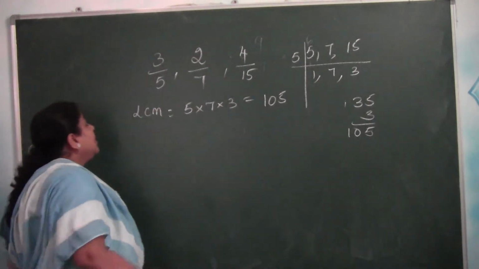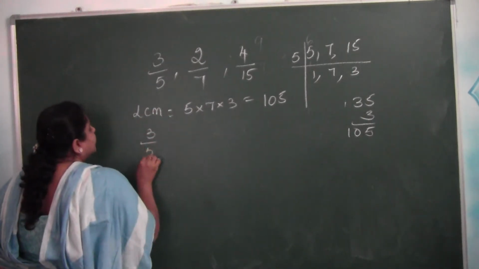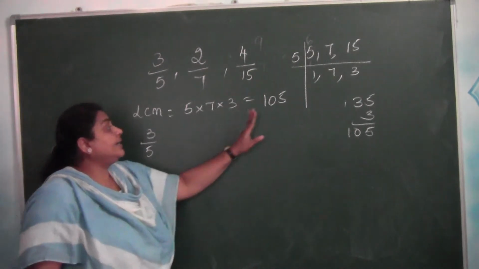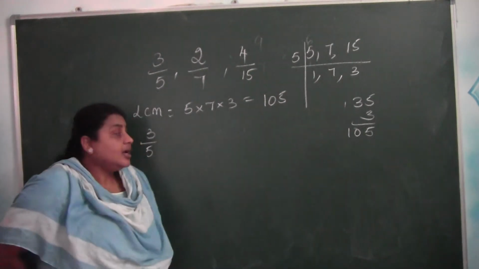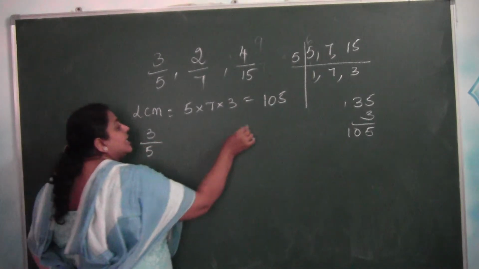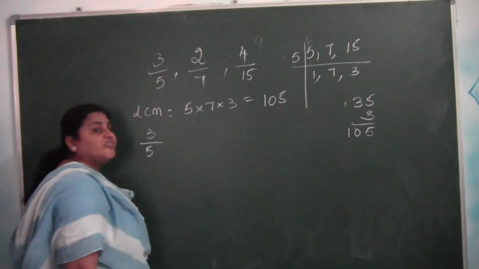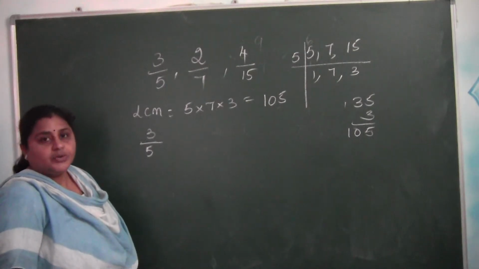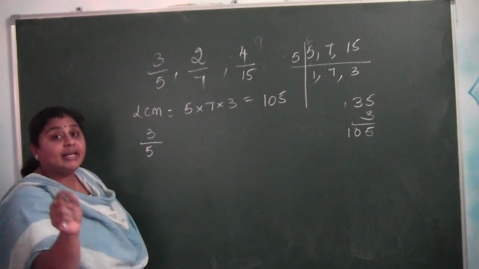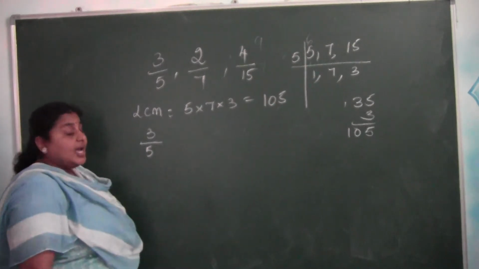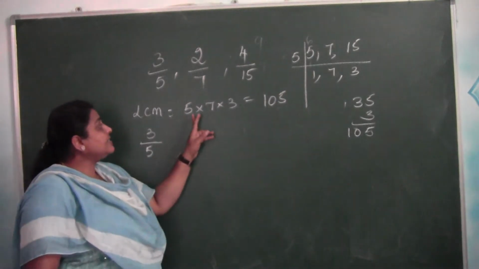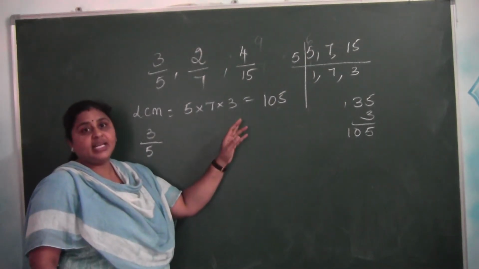Now see children, 3 by 5. First let us convert 3 by 5 to have denominator 105. With which number do I have to multiply 3 by 5 so that I get my denominator 105? I will tell you a simple logic. My denominator is 5 and in the LCM I have 5, 7, 3 as well.